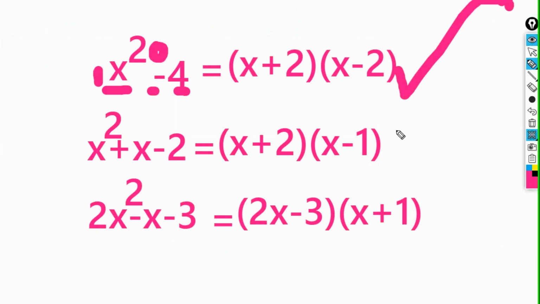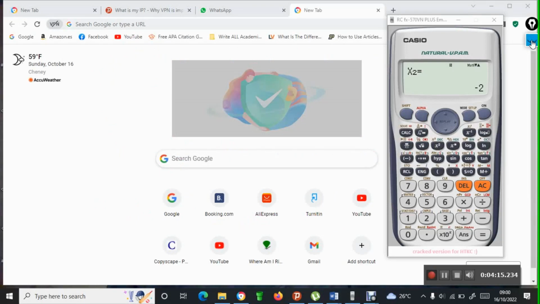Then we can come to this one. What is the coefficient of x squared? It's 1. The coefficient of x is also 1. And the constant term is minus 2. So it is 1, 1, minus 2. Same thing, you come to MODE, you come to equation, you go to 3, and you have 1, 1, and minus 2.